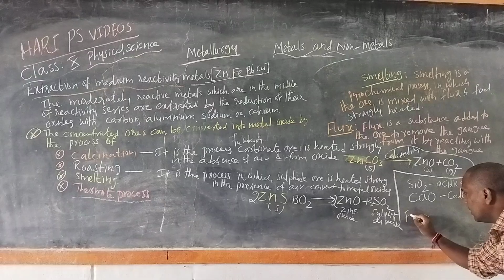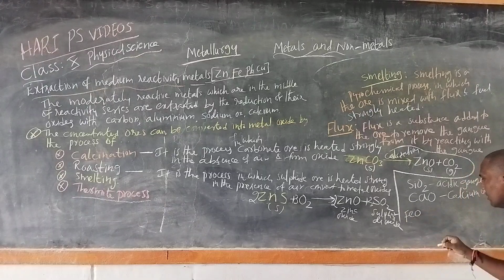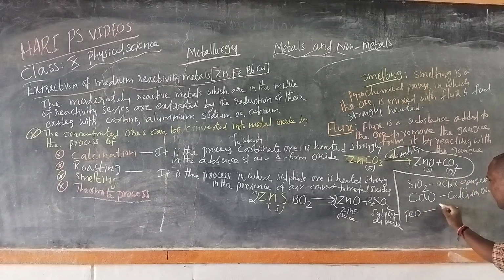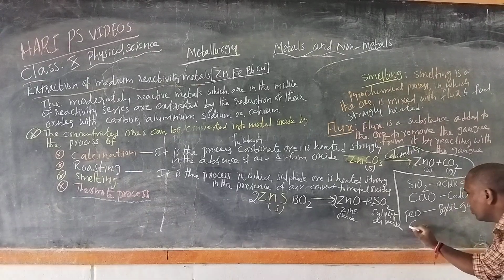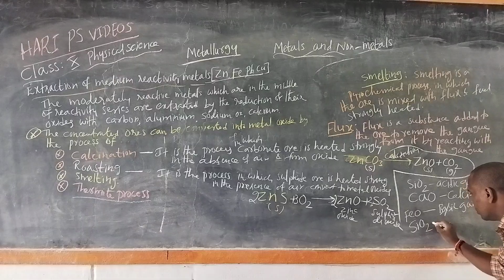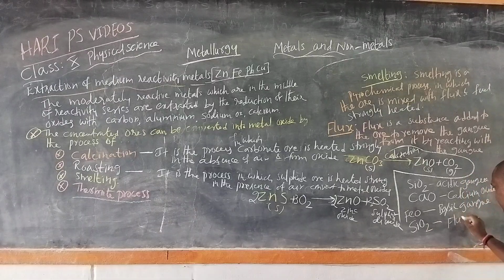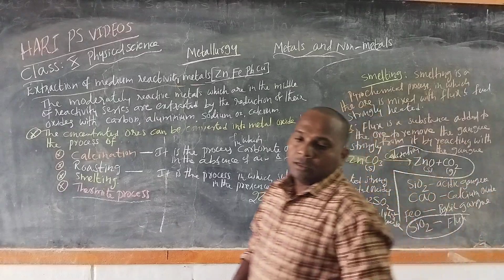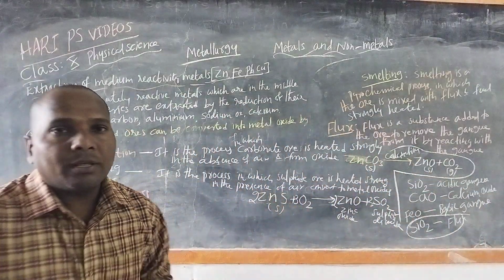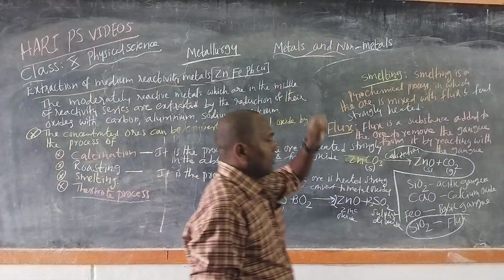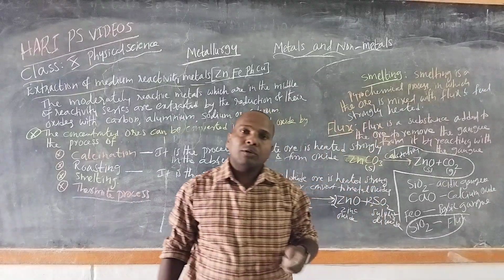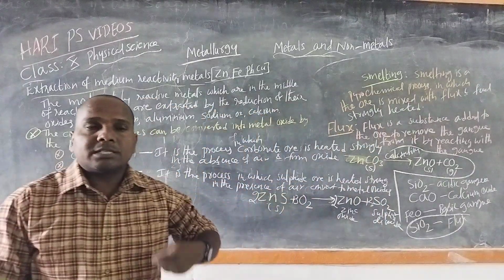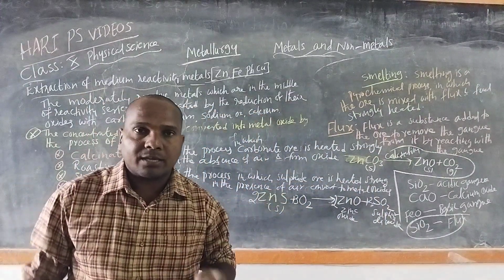If it is FeO, iron, it is a basic gangue. We have to use SiO2 as a flux. So to remove the impurities from the ore, we have to add one substance. That substance is called a flux.